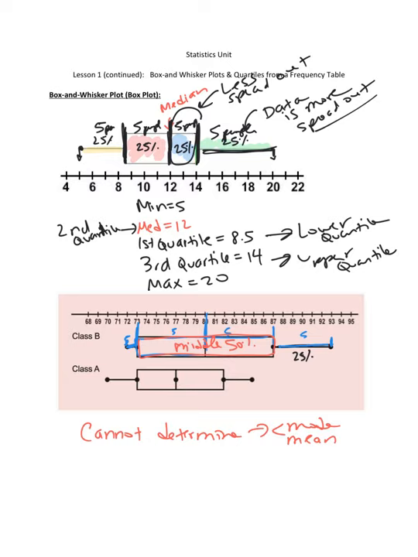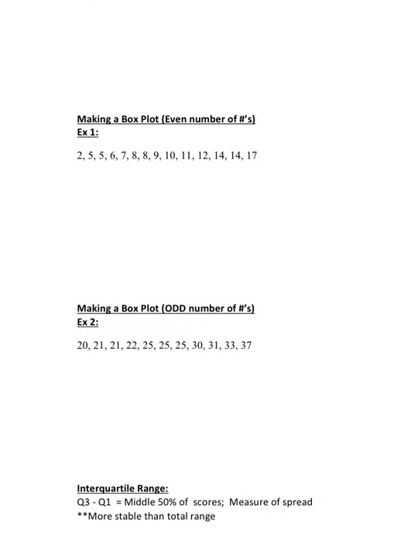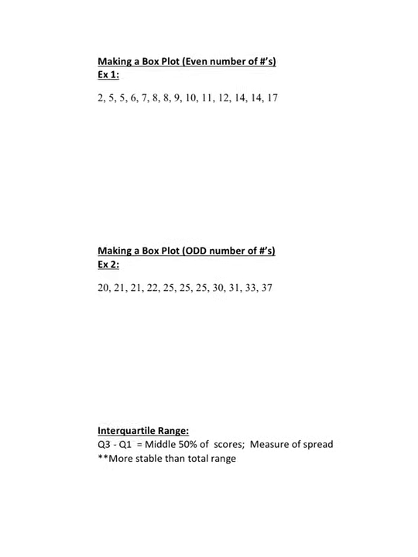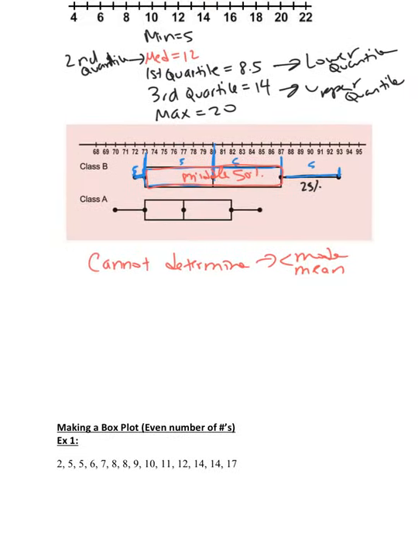Also, we have a concept called interquartile range. I put it down here, I should have put it up, but I'm going to write it over here. The concept of interquartile range.